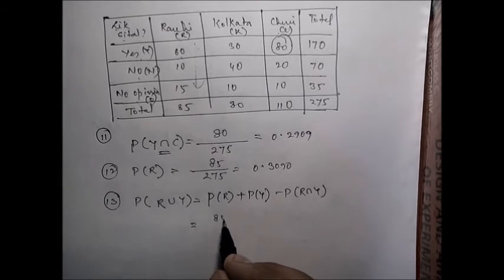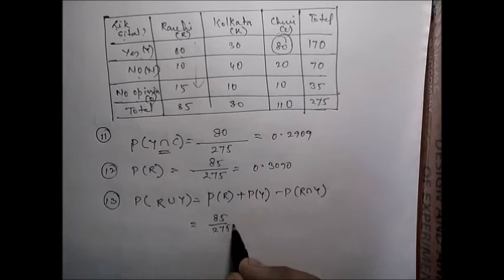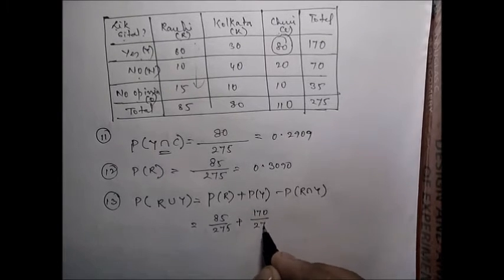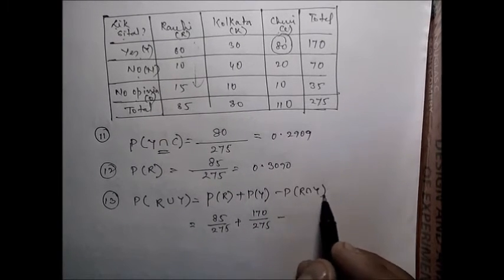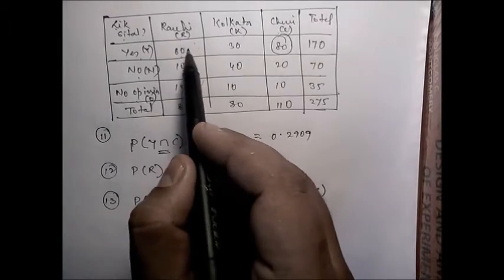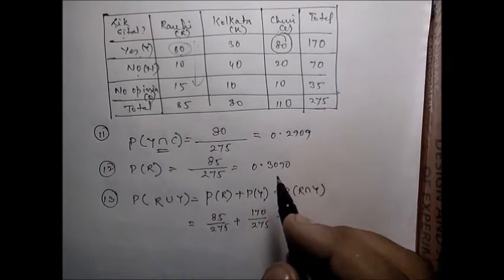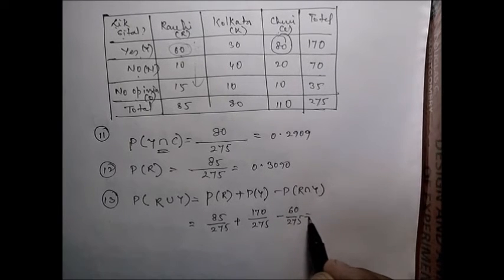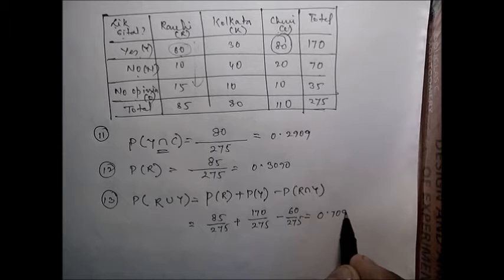Probability of Ranchi is 85 by 275, probability of yes is 170 by 275, minus Ranchi intersection yes, which is 60. So minus 60 by 275. The answer is 0.7091.